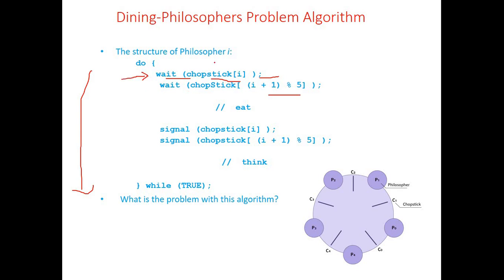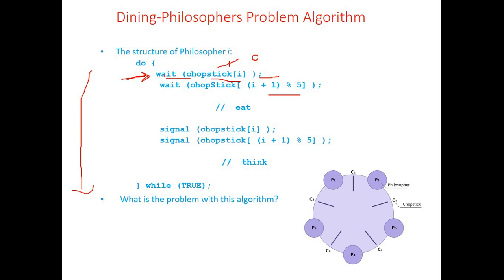If the chopstick value is 1, the wait function will not block the philosopher. If the chopstick is not available, then the corresponding value of the chopstick will be 0. Then the wait function on the chopstick will block the philosopher until the chopstick value is turned to 1.